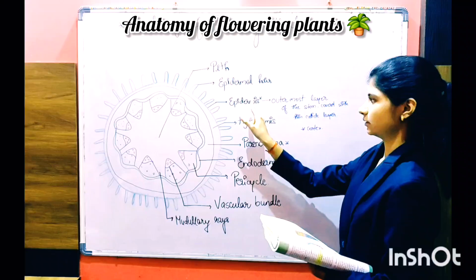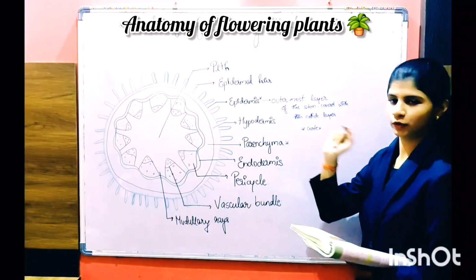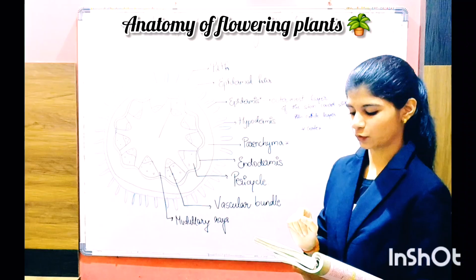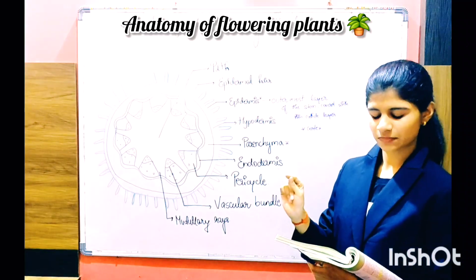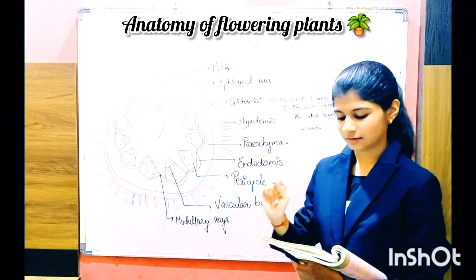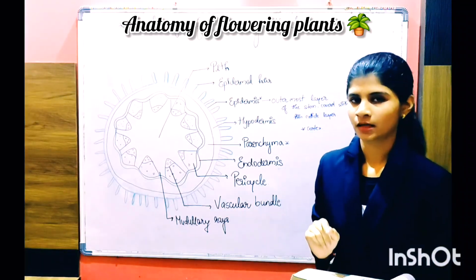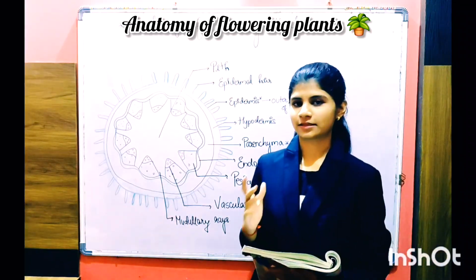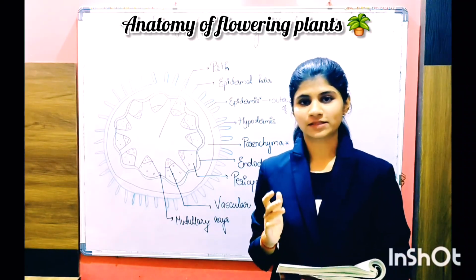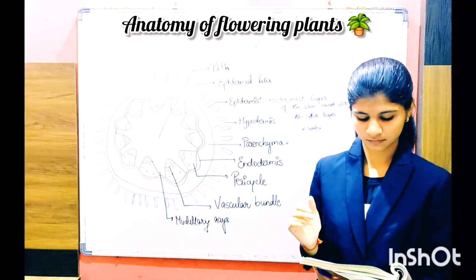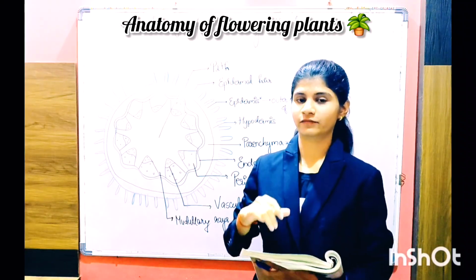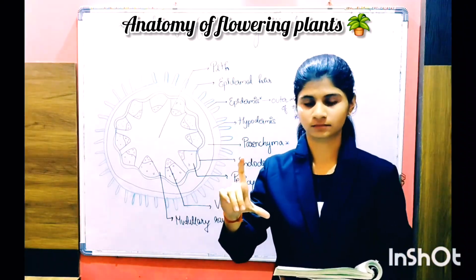It consists of a few layers of collenchymatous cells just below the epidermis, which provide mechanical strength to the young stem. It is this strength with which the plant can stand.